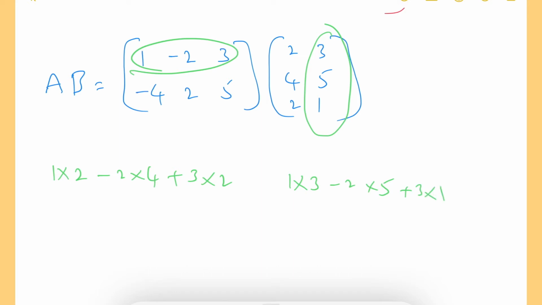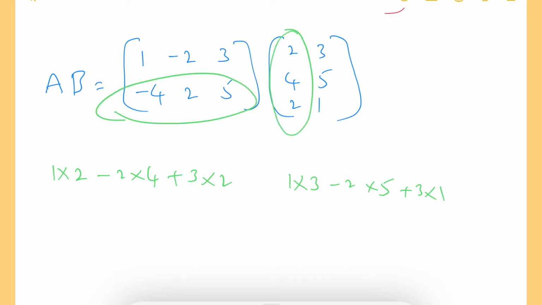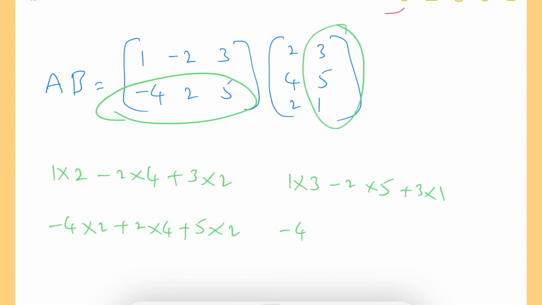First row completed. Now let's move to the second row. Second row multiply with the first column: minus 4 into 2 plus 2 into 4 plus 5 into 2. Second row multiply with the second column: minus 4 into 3 plus 2 into 5 plus 5 into 1.